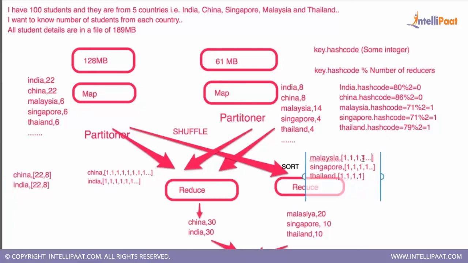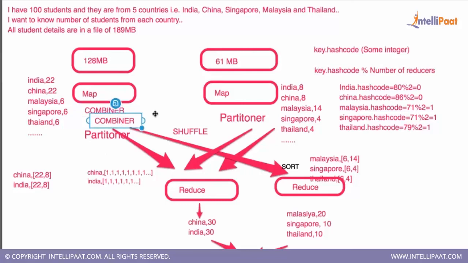And here we'll get Malaysia 6, 14, Singapore 6, 4, Thailand 6, 4. And we get the consolidation. This is done by one guy sitting before the partitioner, called the combiner. So that is combiner and partitioner.